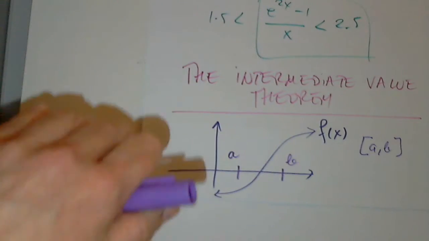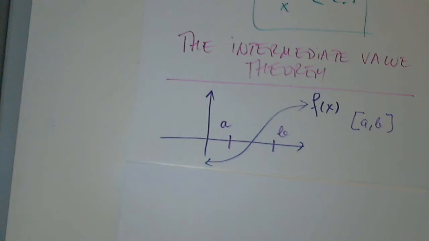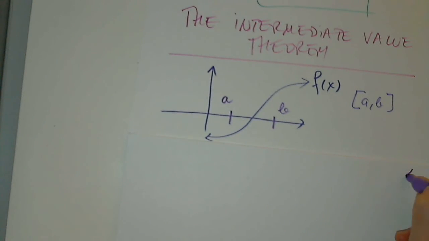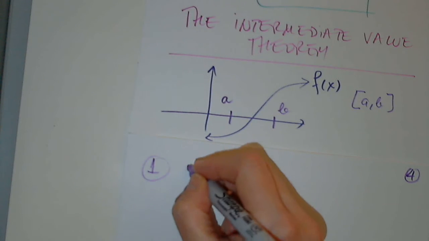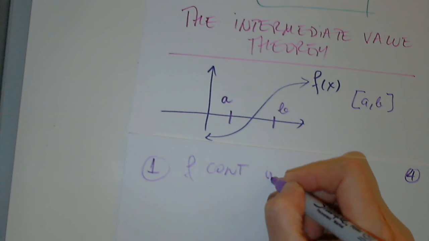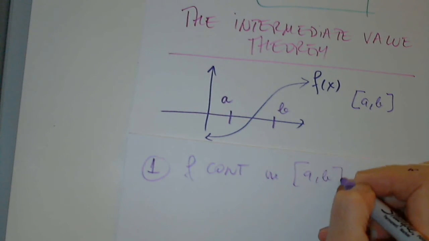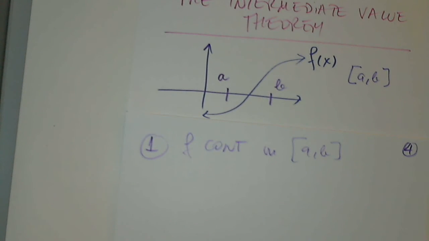Number one, you already told me the first hypothesis. You said f is continuous, at least on [a, b]. If it's not continuous outside of [a, b], I don't really care.